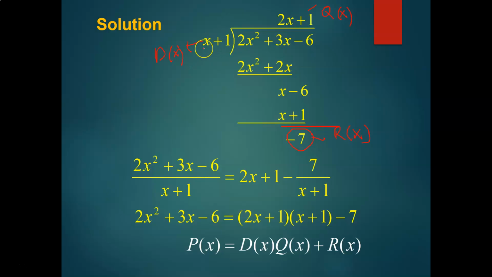You have to look one by one. X times 2x, then you get 2x square. X kali berapa kena dapat 2x square ni? X times 2x, kan? So, kita letaklah 2x dekat sini. You dapat 2x square. Okay, done.